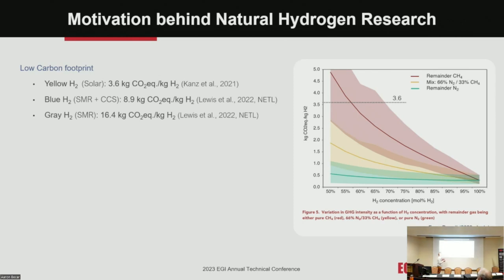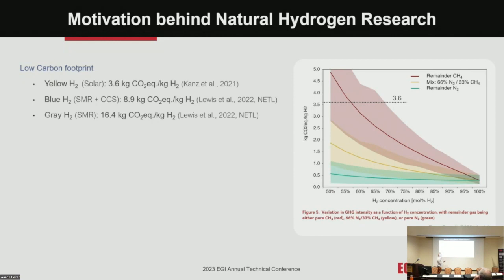And it shows that, it kind of makes sense that when you have methane as an associated gas, the carbon footprint of natural hydrogen production can be high. But even with methane as associated gas, the carbon footprint of natural hydrogen production could still be as low as yellow.